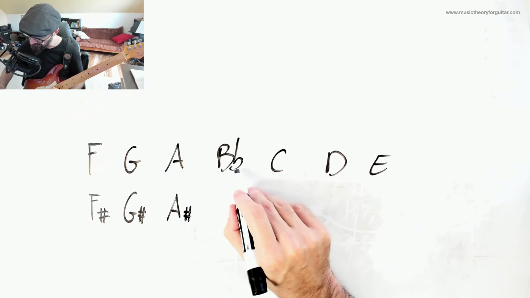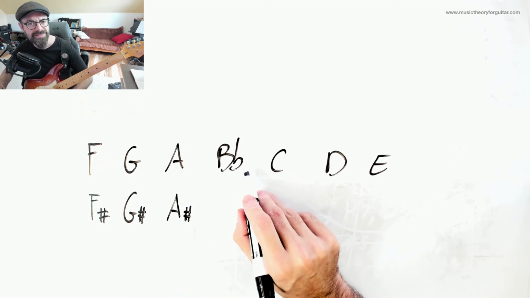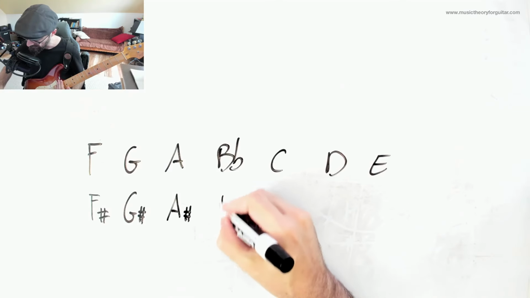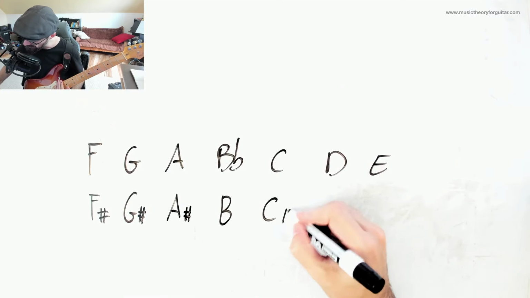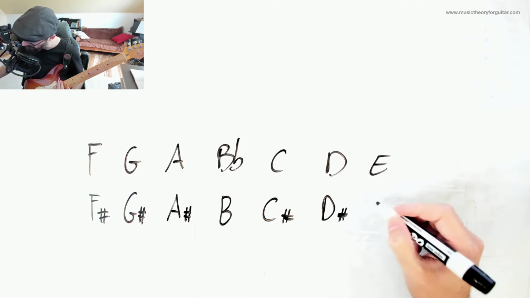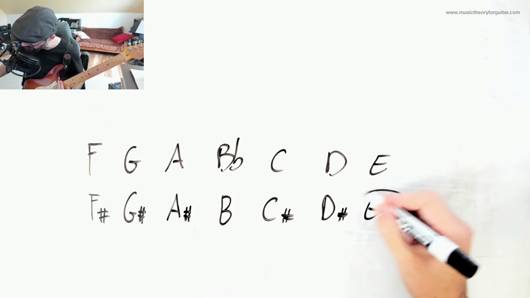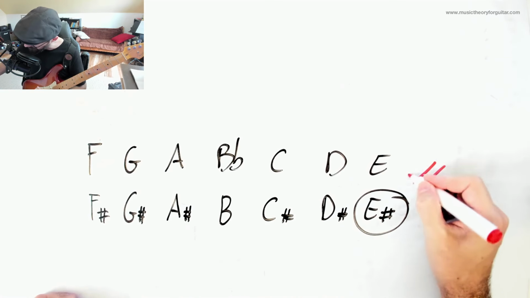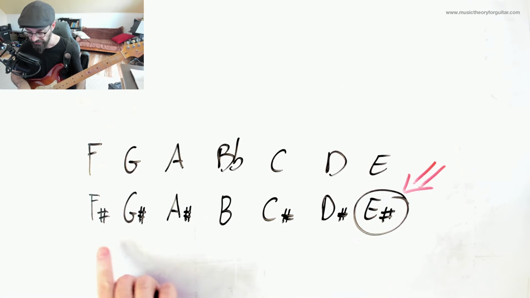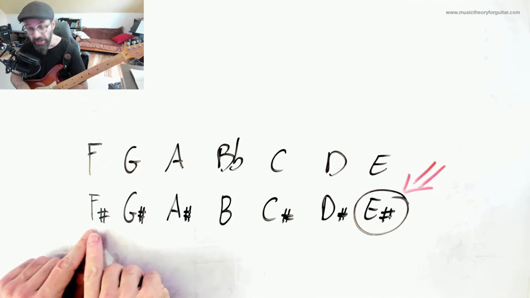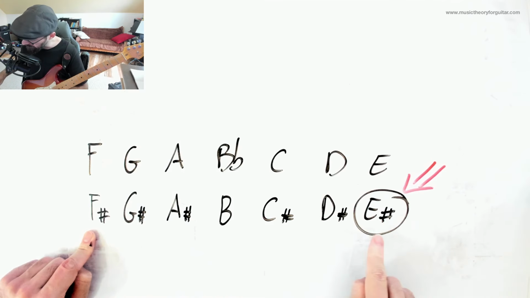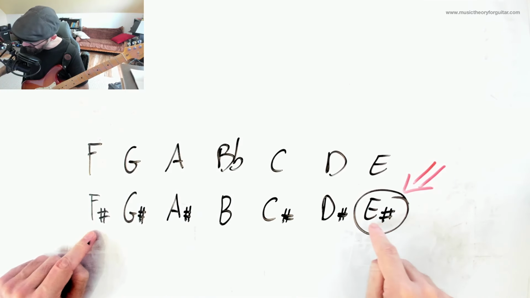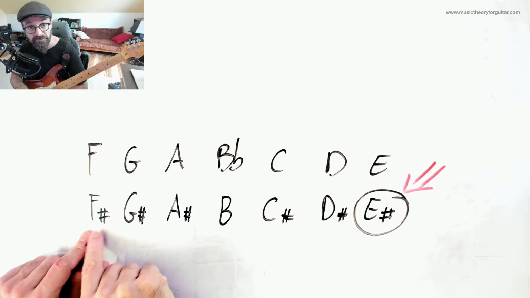I'll have this B flat sharp, which of course doesn't exist, and the sharp and the flat eliminate each other, so I have a natural B. I have C sharp, D sharp, and this E sharp here. There we go. You see that we have to use one of those weird notes to write the key of F sharp. We have no option here but to use this because we already use all the letters. I can't use an F here because I already have an F here.